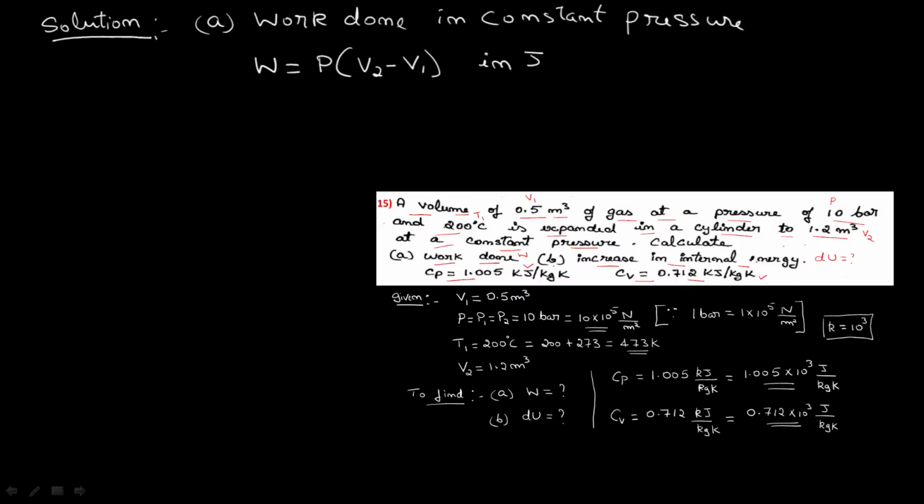Here we know the value of pressure, the final volume and the initial volume. Let me substitute these values. W is equal to, pressure is 10 into 10 to the power of 5 Newton per meter square from bar to Newton per meter square, final volume 1.2 minus initial volume 0.5 meter cube.